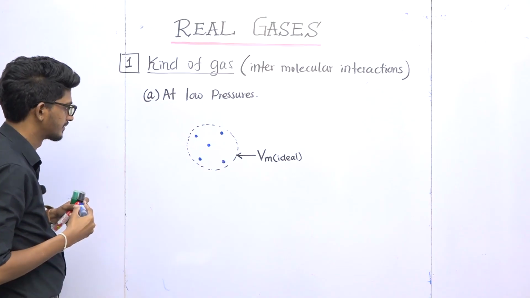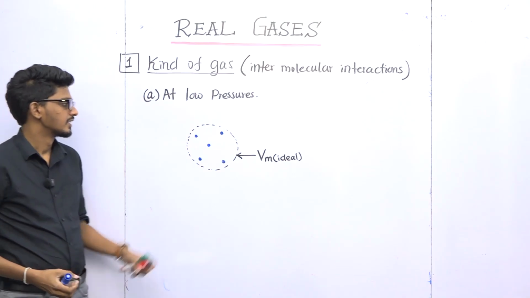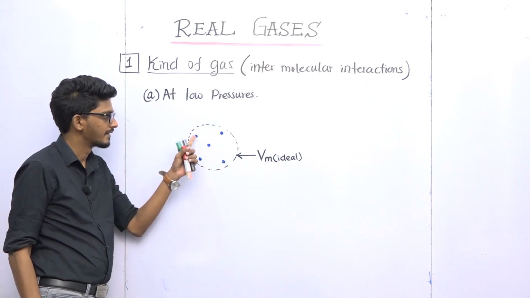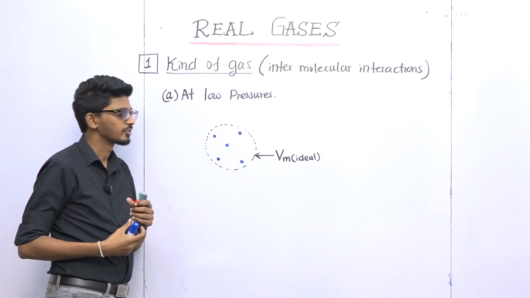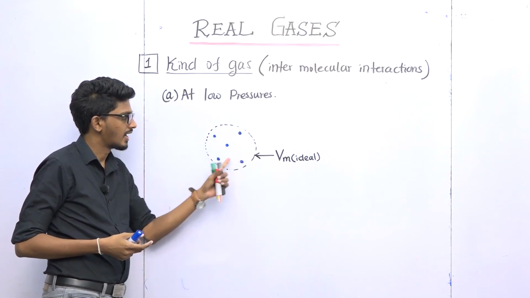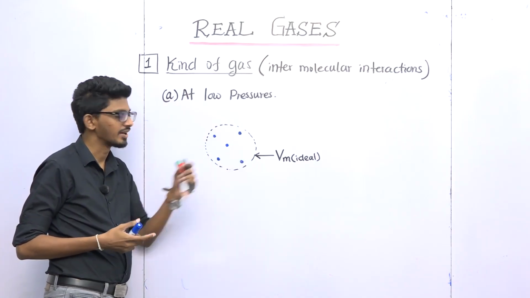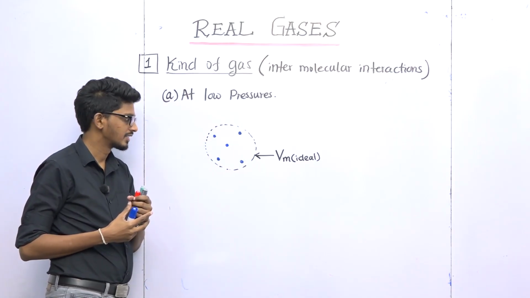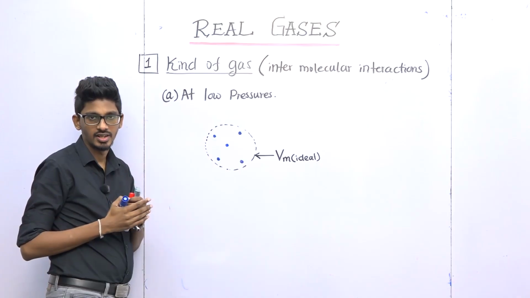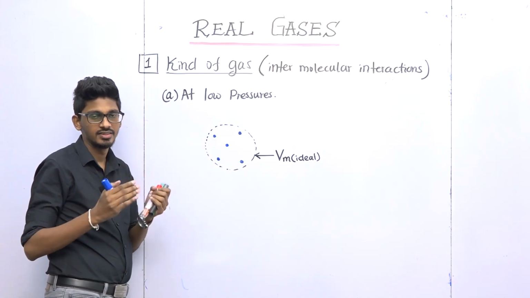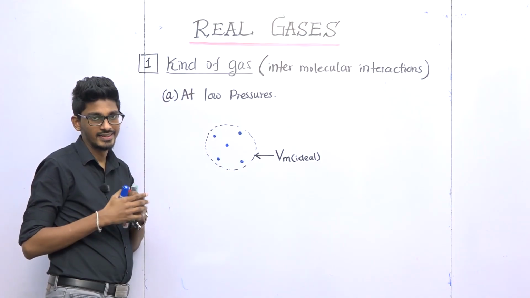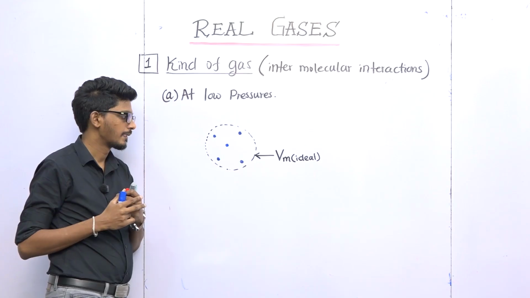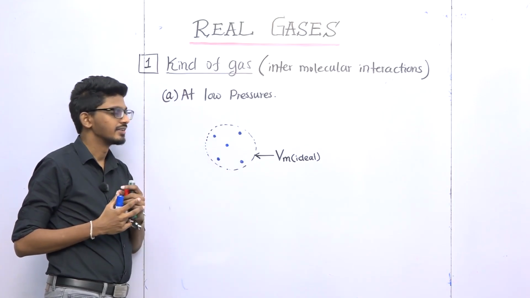These gas molecules feel the presence of other molecules, so intermolecular attractions are possible, as well as intermolecular repulsions. Intermolecular interactions are possible when these are real gas molecules.